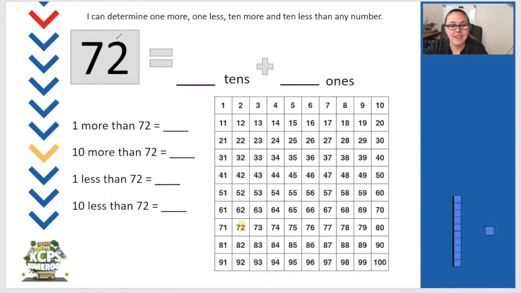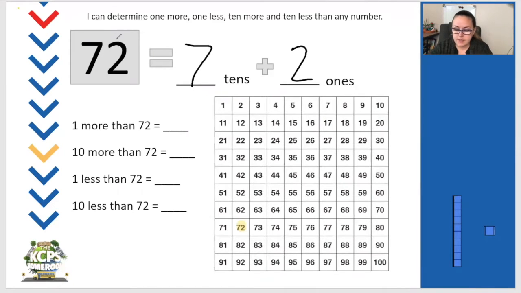Because we have to start there in order for this to make it easy for us. So when we model 72, you can build it with your base 10 blocks. You're going to find that you have 7 tens and 2 ones. Remember, the number on the left of a 2-digit number will always be the tens, and the number on the right will always be the ones.